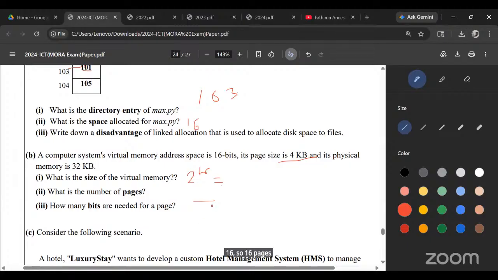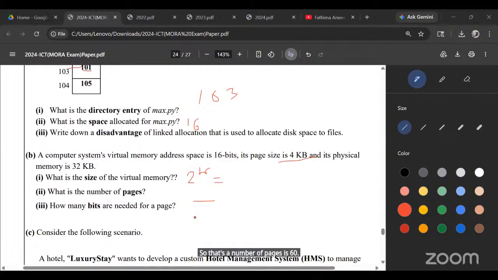Was that clear? So that's how the number of pages is 16.